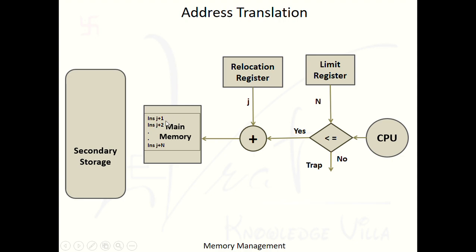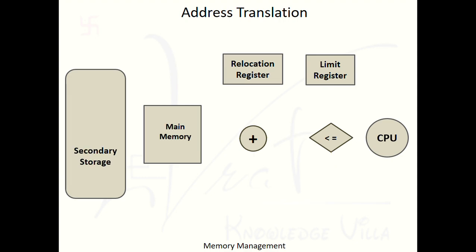Let's see an example so you can understand in a better way. Suppose CPU is requesting a program with a total of 50 instructions inside the secondary storage, and we are bringing this entire program into the main memory. Whatever the starting address was inside the secondary memory, this starting address is going to change inside the main memory.